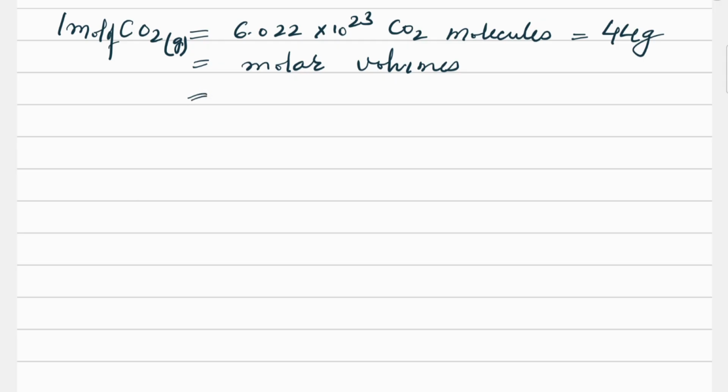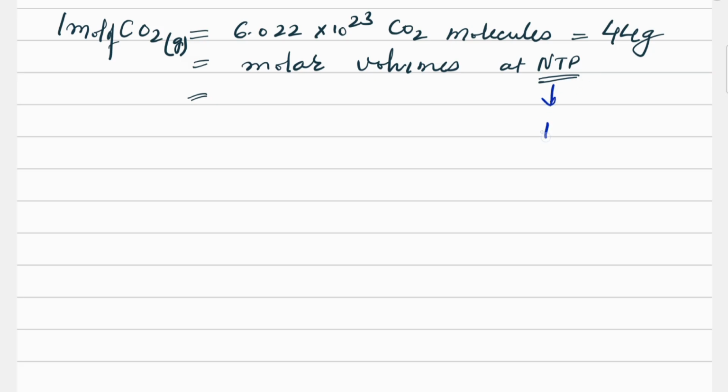Now, what is a molar volume? Molar volume is the volume of a gas taken at standard temperature and pressure conditions. So molar volume at STP or NTP. What is NTP? First of all, you should know about it.